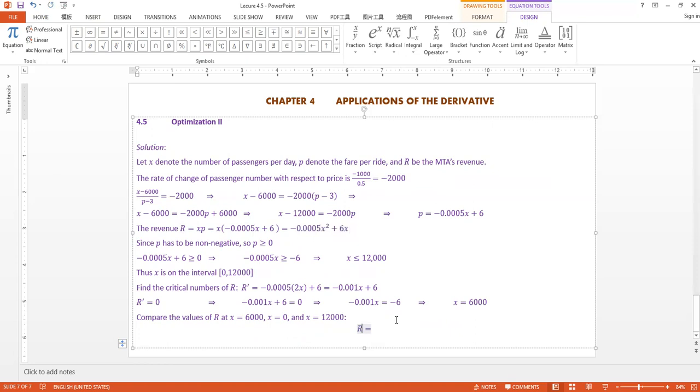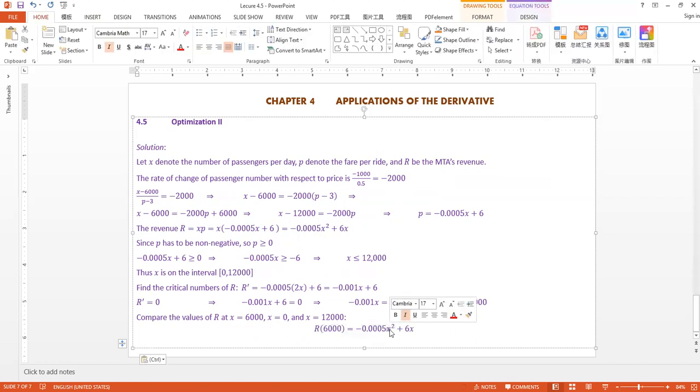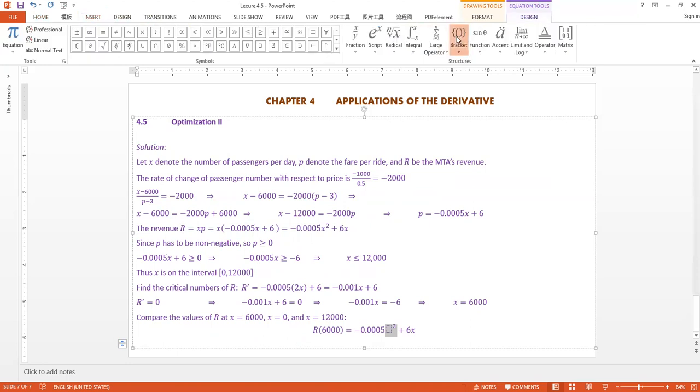So R of 6,000 is negative 0.0005 times 6,000 squared plus 6 times 6,000. 0.0005 times 6,000, I believe we got negative 3.